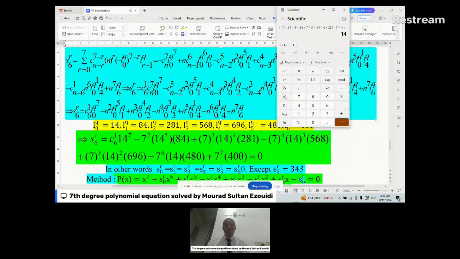We don't like you to be a machine, we want you to be good learners, smart human beings, as in fact you are. So, total: 7 raised to the power 4 times 14 cubed, times 14 raised to the power 3, minus 7 raised to the power 4 times 14 cubed, times 568.